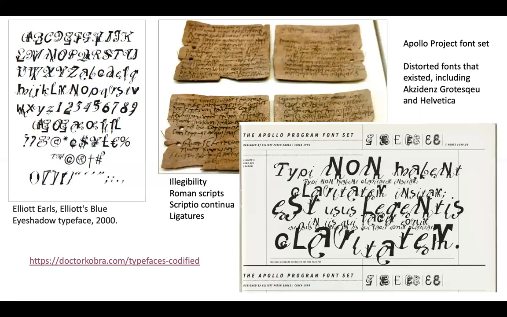And you can see it's largely unreadable, right? And if you can read it, it takes you a long time. So clearly very, very different. In this project, they began from distorted fonts that existed, things like Akzidenz Grotesk and Helvetica, but they didn't really stick to them in any way.